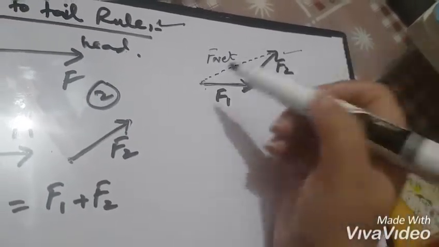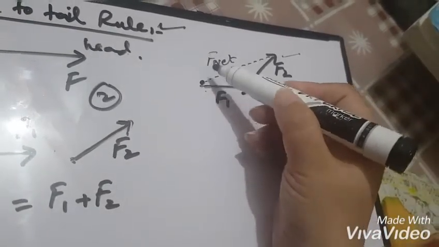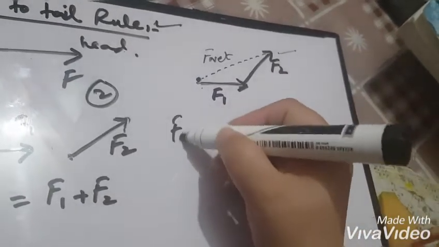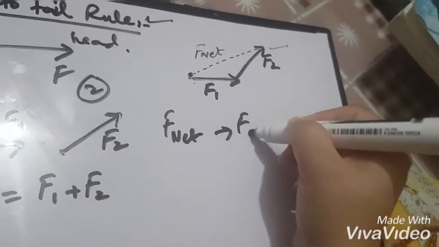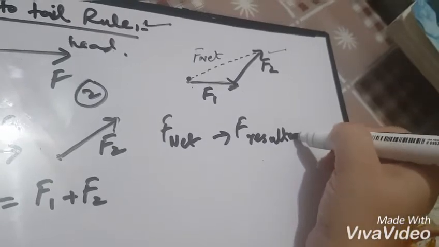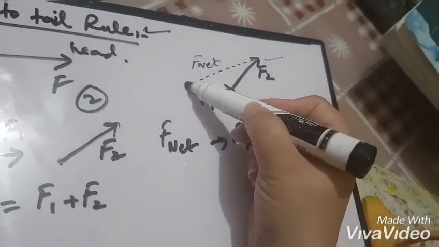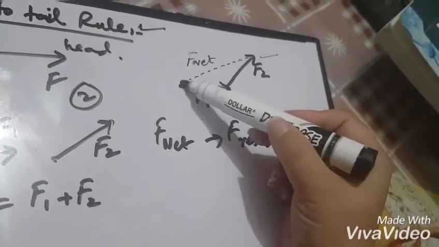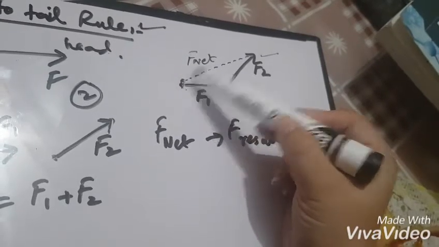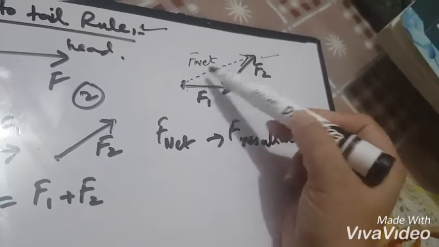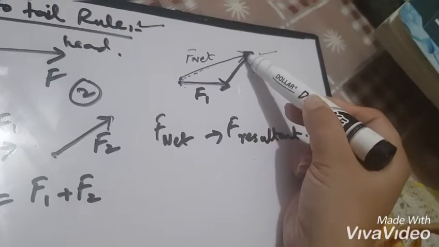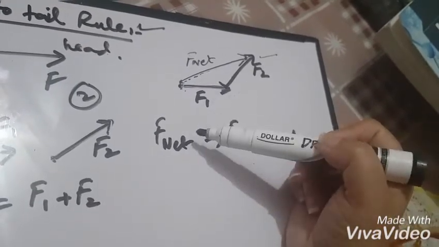The tail of the resultant vector, or net vector f net, also called f resultant, should coincide with the tail of the first vector, and the head of the resultant vector should coincide with the head of the last vector, and then I will draw this vector in this direction.